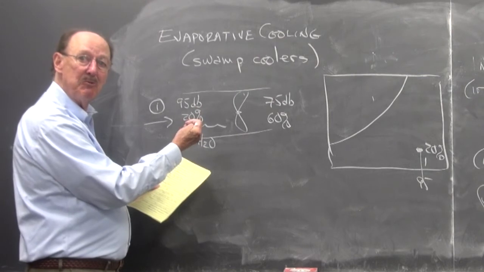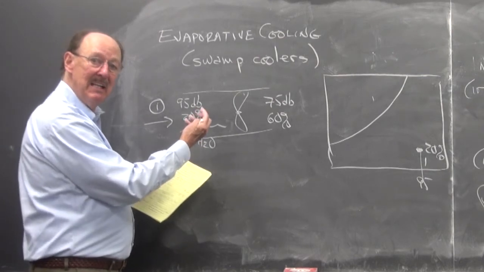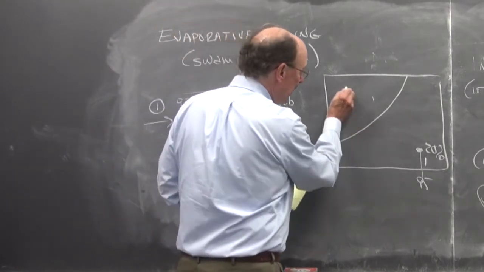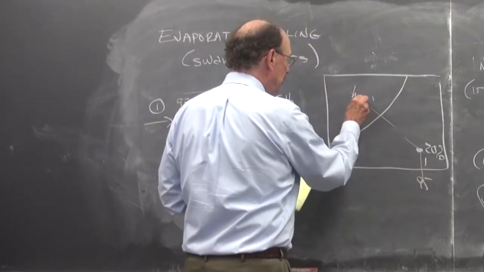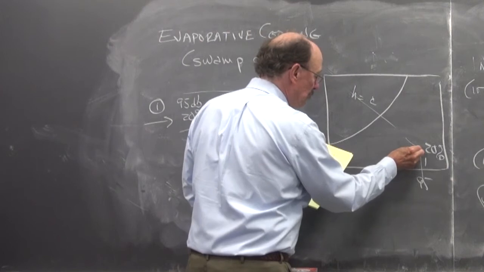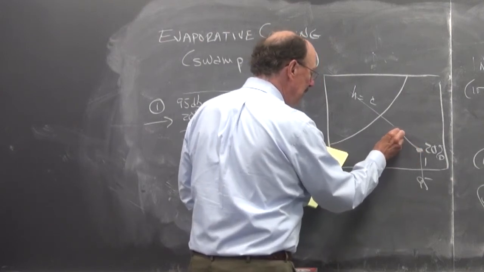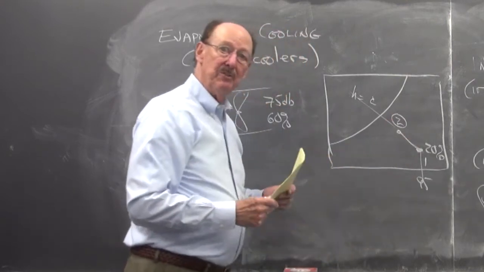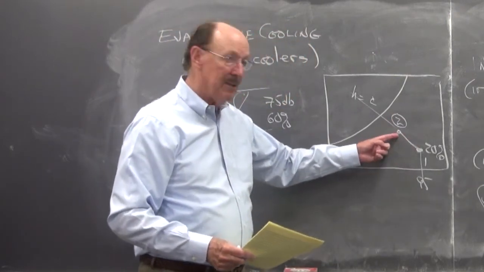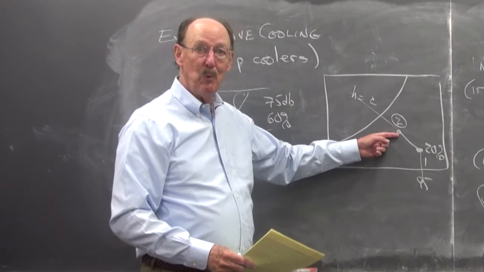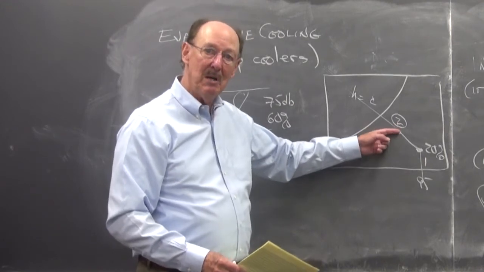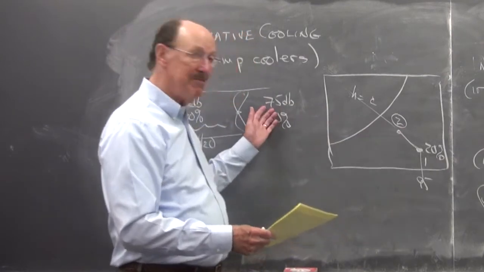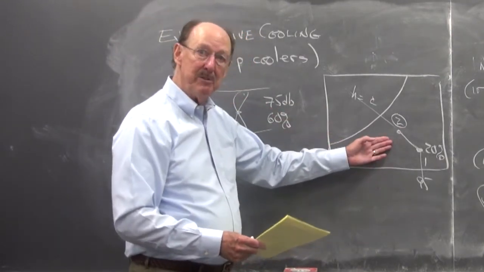It takes it from the dry bulb, from the sensible heat part of the air. So now my line of constant enthalpy, h equals constant, I'm basically driving up this line until I get to state 2. So here's state 2. I'm cooling down the air, so the air is cooler but more humid. In terms of temperature, I've been able to drop it 20 degrees by humidifying it. And so this is evaporative cooling.